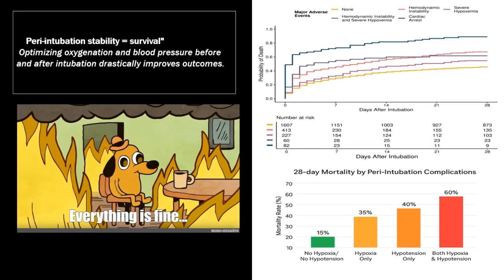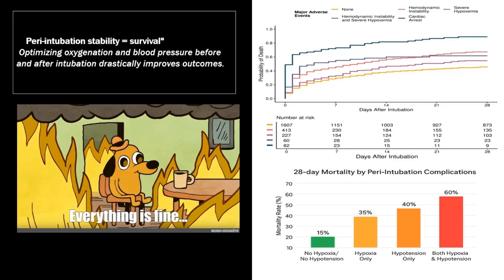So what they found was the patients that came in and were intubated with no hypoxic episodes and no hypotension had a 15% mortality, or basically a 15% chance of dying while they were in the hospital.